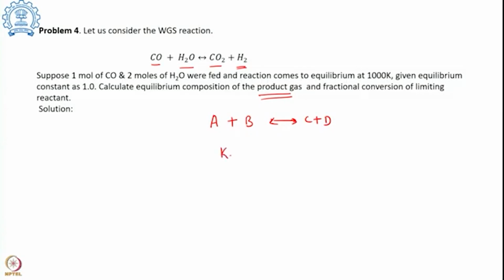Now, the equilibrium constant we know is given by the mole fraction ratio of the products to that of the reactants. So, Y is nothing but the mole fraction for species, let us say i.